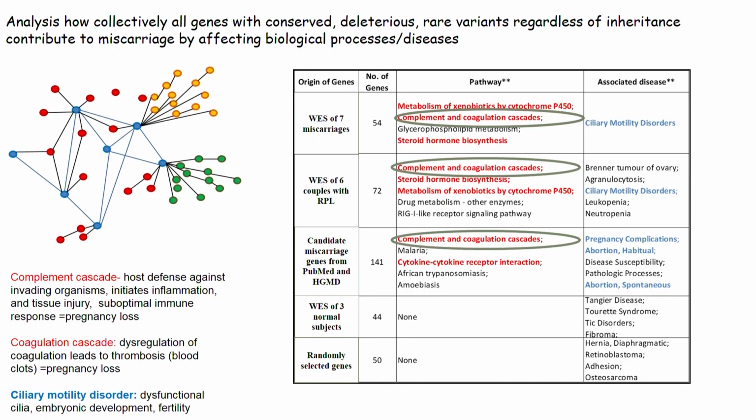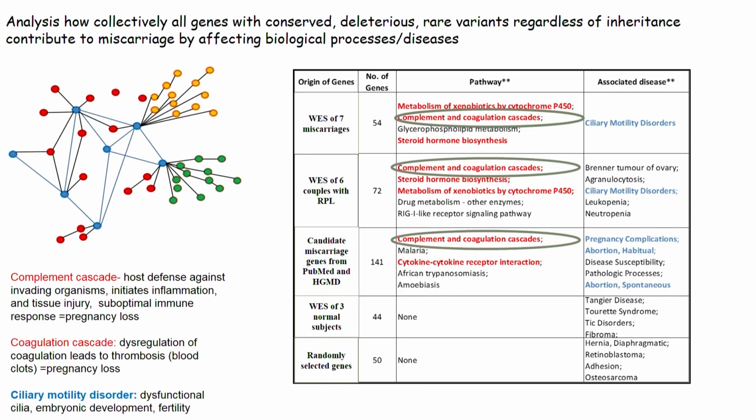So these are the pathways that were enriched for the 54 genes with the variants identified by whole exome sequencing of 7 miscarriages. So in red are the ones that are also seen in the genes that have conserved, deleterious, and rare variants from the couples.